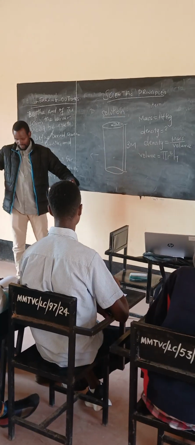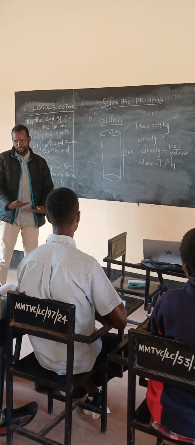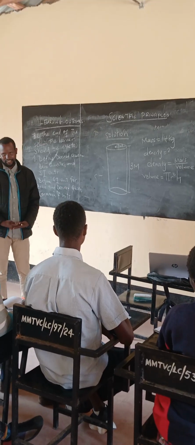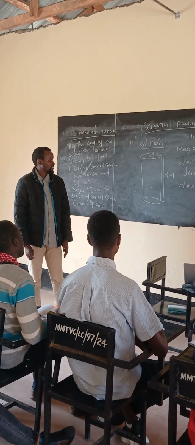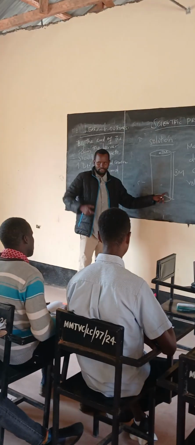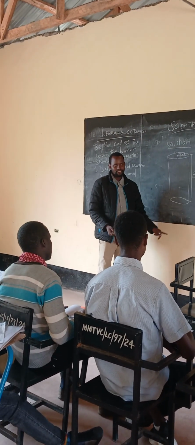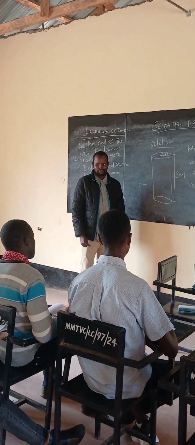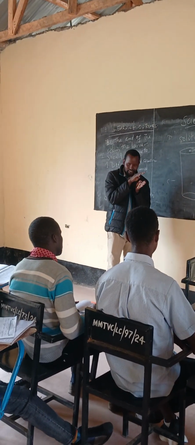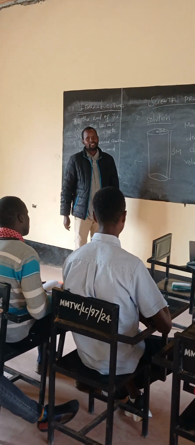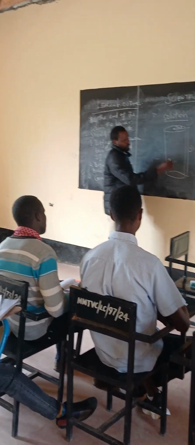Itakuwa like that base of hiyo sanduku yenyewe. Sawa? Then also wakati unainua hizo anchors huko juu, you must make it 90 degrees. Should not resist. Or 30. Should be 90. Wakati unachomelea. Right? So the volume is that.